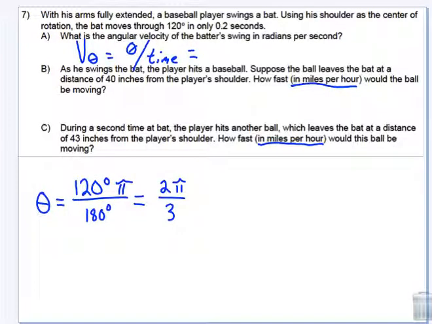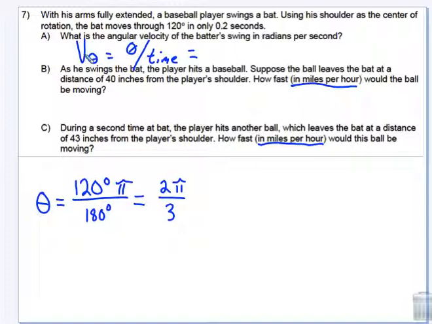Okay, so the next problem, this time we're not doing a complete revolution. The baseball player is only rotating 120 degrees, and again we need to find theta in radians. So we do 120 times pi divided by 180. That reduces to 2 pi over 3.